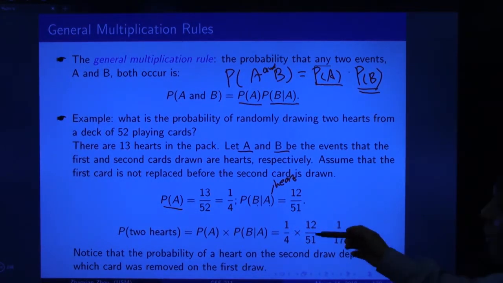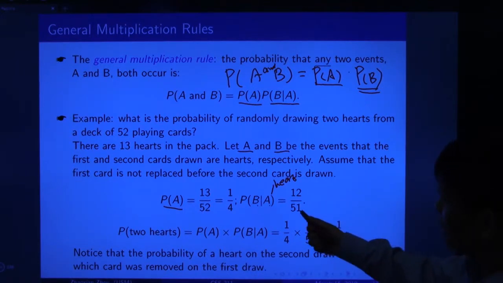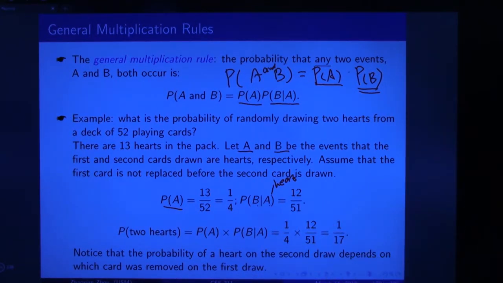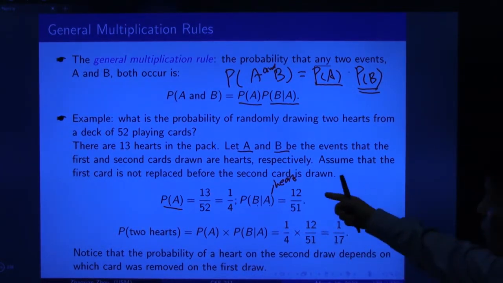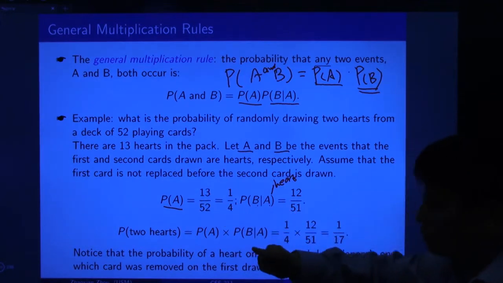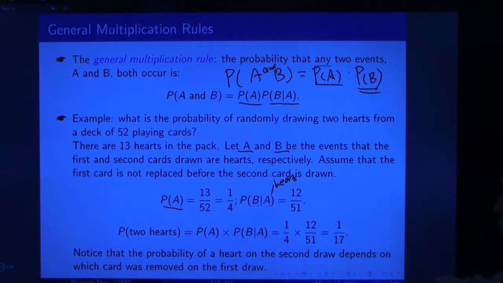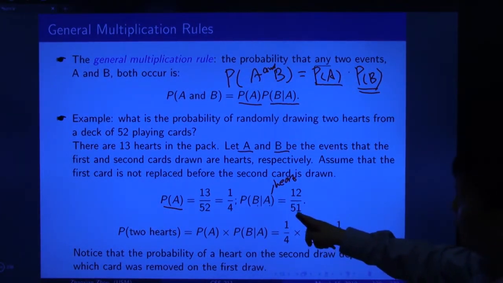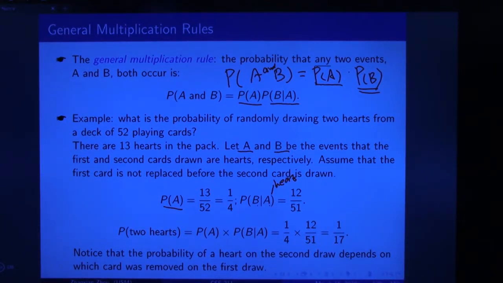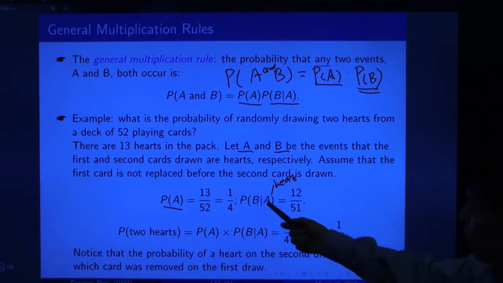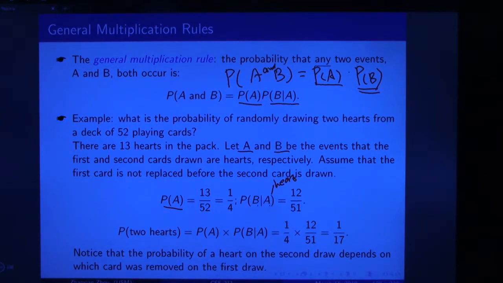And the total number of cards is 51, because the first one is drawn. Then the probability for the second card to be a heart is 12 instead of 13, 13 minus 1 equals 12, divided by 51. 51 is 52 minus 1. So this is the conditional probability of B on the condition of A.